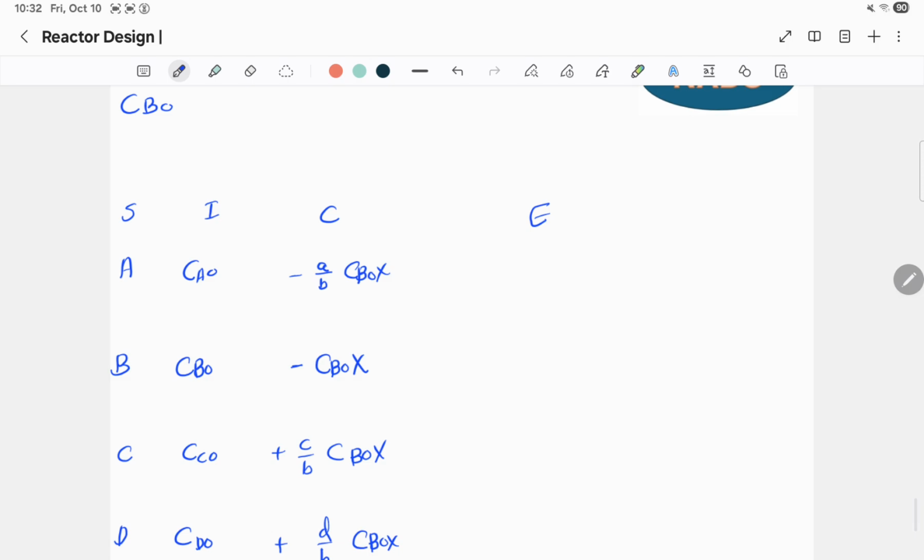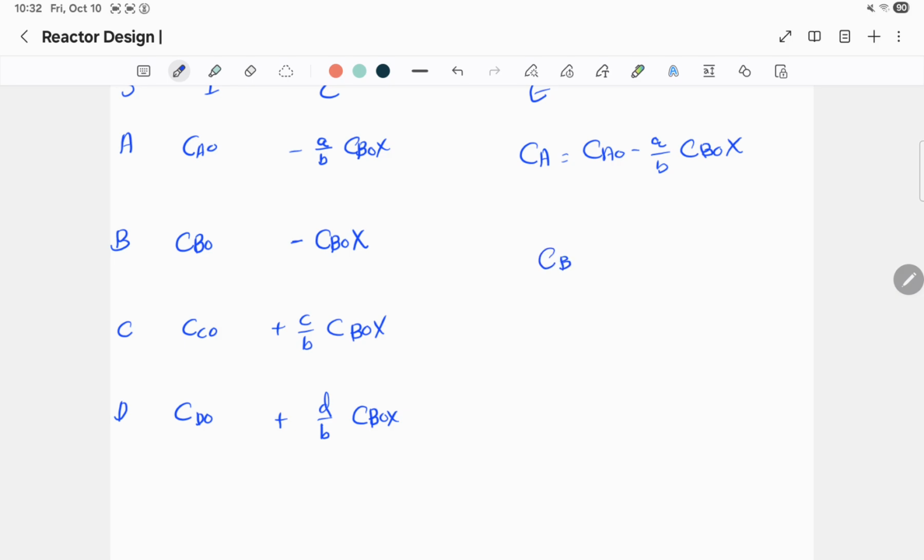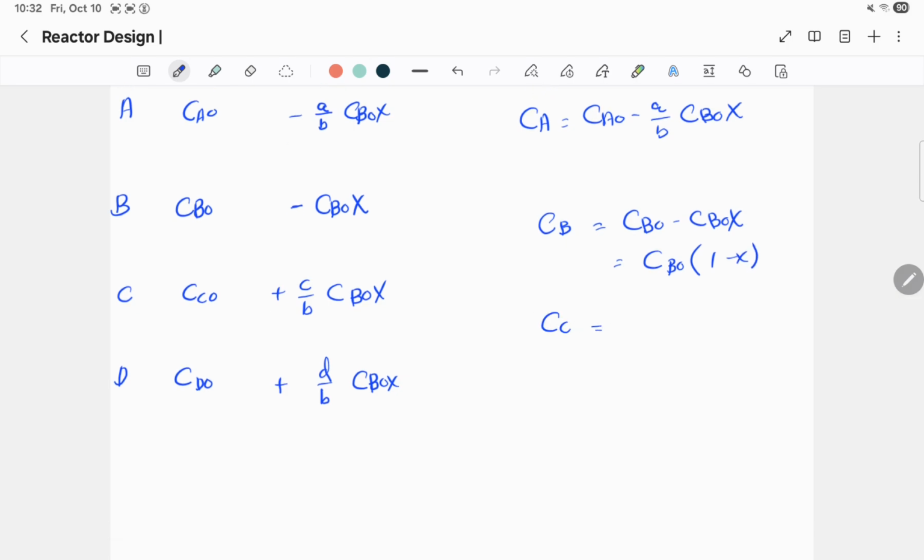Right. Now let's find the exiting concentrations. CA final equals CA naught minus A over B CB naught X. CB final equals CB naught minus B naught X. This can also be written as CB naught times 1 minus X. CC final equals 0 plus C over B times CB naught X. Same thing for D. Okay, there you have it.